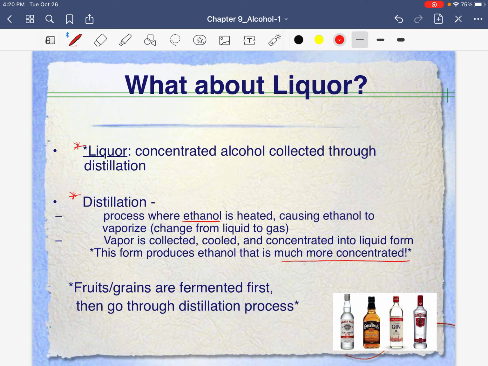You know that a liquor is much more concentrated than what's in wine or beer. It's through this heating or distillation process. So again, they have to go through the fermentation process first, and then they can be distilled or more concentrated.